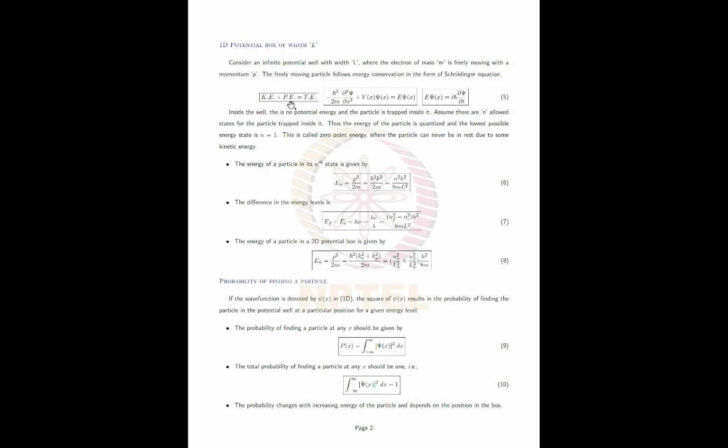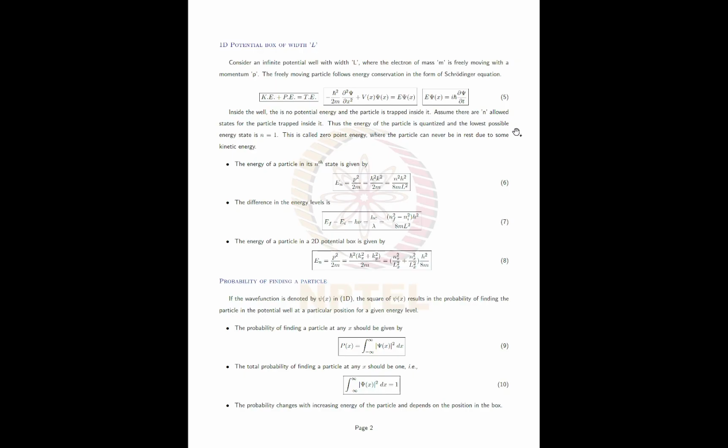It's an infinite potential well, that is, inside there is zero potential energy, and outside the well it is infinite potential energy. So the particle is trapped inside this. It cannot go outside because it cannot go into the region of infinite potential energy. If there were infinite potential energy, the kinetic energy would have to be zero to conserve total energy.